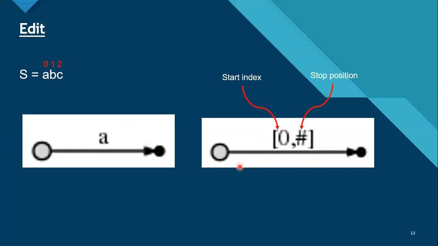But actually, this is how edges in Ukkonen's algorithm are presented. So instead of writing the actual character on the edge, they are represented as 2 characters. The first character is the start index of the character that we're trying to represent. So in this example, A has the start index of 0, and this hash represents the stop position, which is in our example 1, which means after the first character A. So basically it's the same thing.